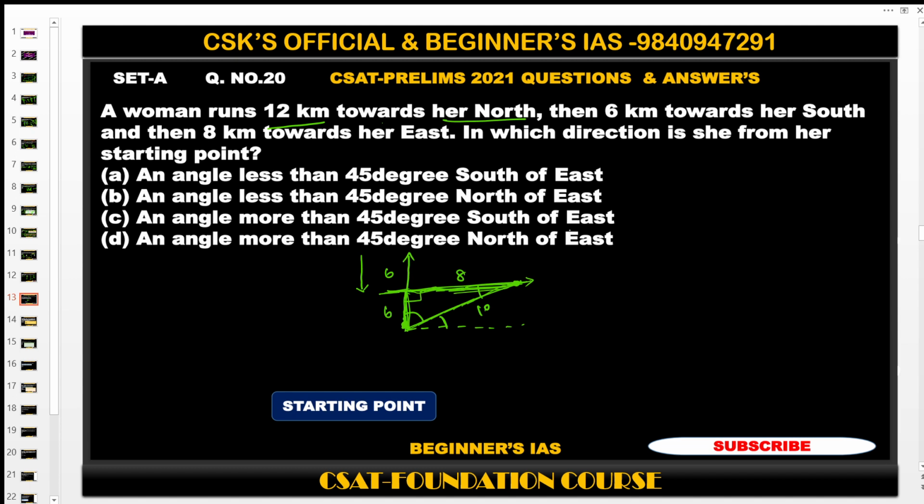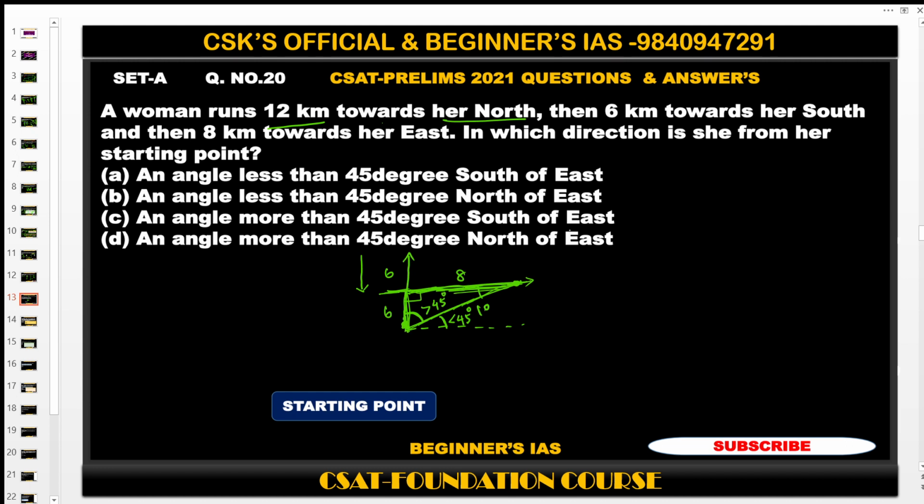Obviously the greater side is 8, and opposite to that is always going to be the greater angle than 45. So in such a scenario, this is less than 45 degrees. So with this reference, go with the options.